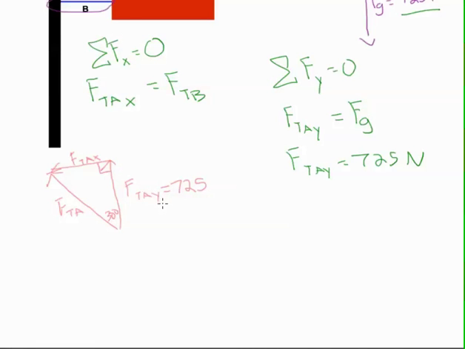Tangent of theta is equal to opposite over adjacent. And this tells us that our FTAX is equal to 419 newtons. And because of what we learned up here, we know that this is FTB, which is one of the forces we're asked to find.